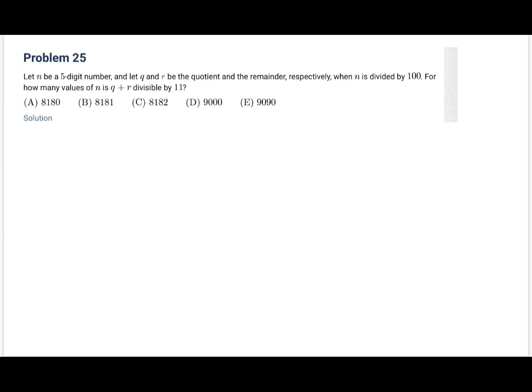Let n be a 5-digit number and let Q and R be the quotient and the remainder respectively when n is divided by 100. For how many values of n is Q plus R divisible by 11? So n would be equal to 100Q plus R. But then Q plus R is divisible by 11, right? So let's say Q plus R is 11k, where k is an integer.